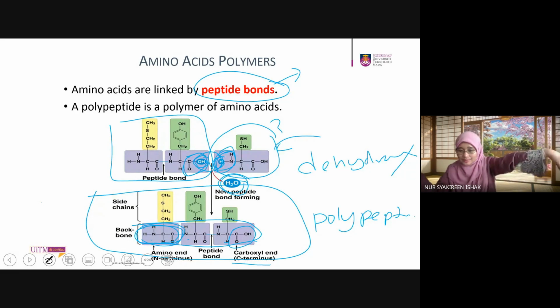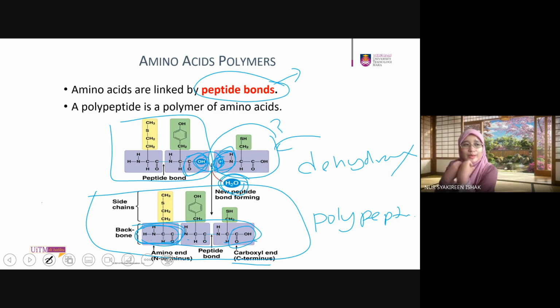The N-terminus has the amino group, and the other end has the carboxyl, so we call it the C-terminus: the amino end and the carboxyl end. It is the same for every polypeptide chain. It consists of the N-terminus, nitrogen, carbon, carbon, nitrogen, carbon, carbon, nitrogen, carbon, carbon, and at the end, the carboxyl end.